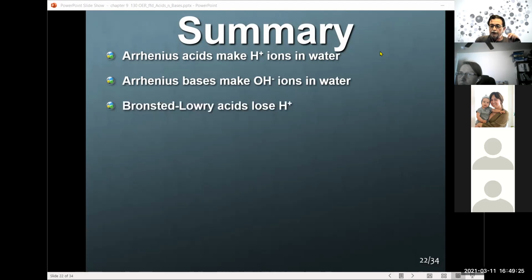Now, the Arrhenius and Bronsted-Lowry definitions for acids are the same thing. Whether you make a proton or you lose a proton, you're creating a proton. So, tomato, tomato, they both share the same definition from my perspective. Where they differ is the base. A chemical that takes on the proton that an acid produced is, by Bronsted-Lowry's definition, a base.